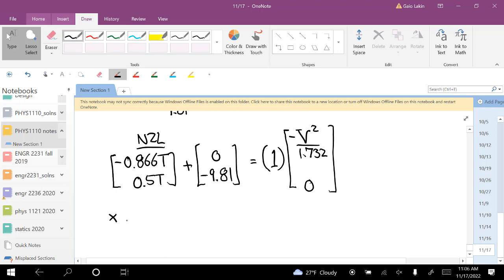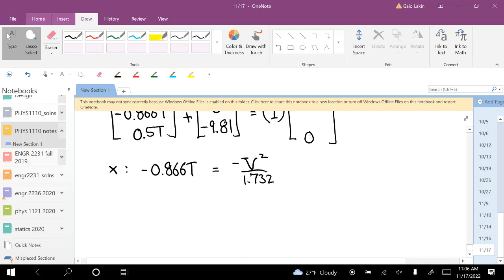So we have two equations. The x equation says negative 0.866 T is equal to negative v squared over 1.732. And the y equation says positive 0.5 T minus 9.81 is equal to 0.